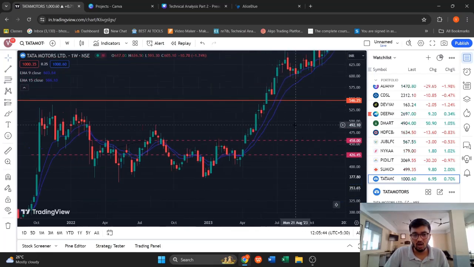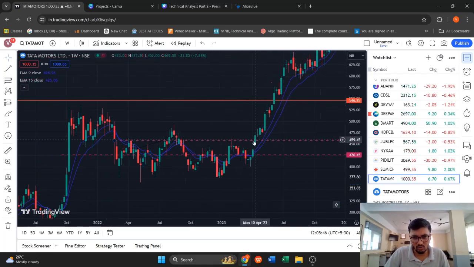So you can see, as soon as it broke the resistance zone in April of 2023, after almost a year, April 2022 to April 2023, Tata Motors was in this particular range.